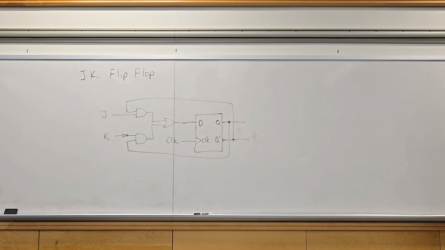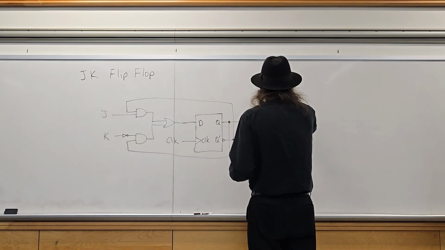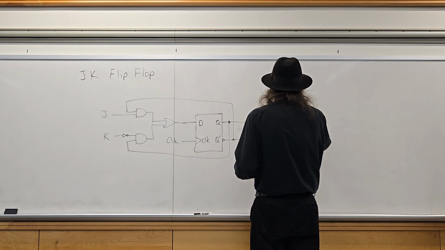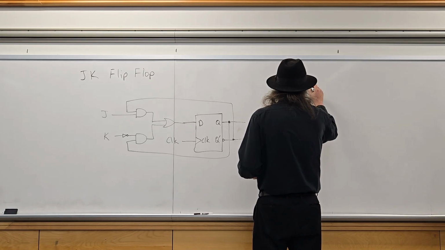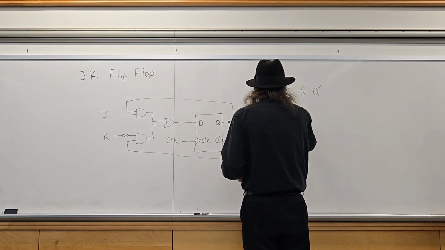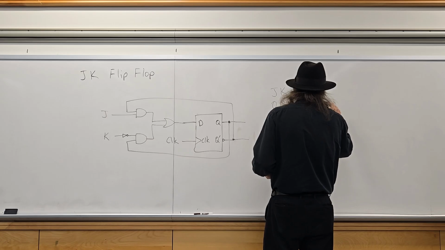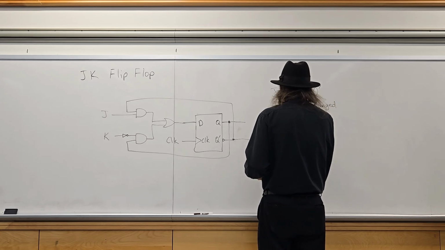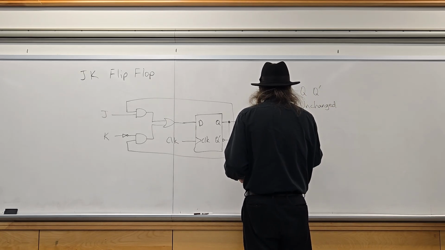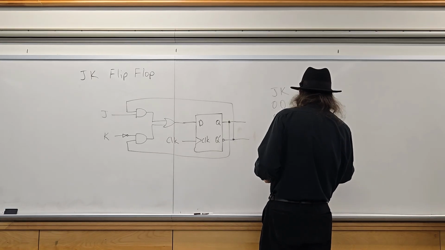Where's the state table for this flip-flop? Okay. So the state table is 0 0, unchanged, 0 1, 1 0, 1 1, and that's a complement.